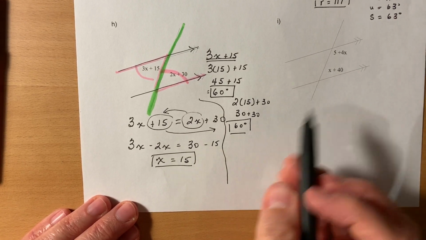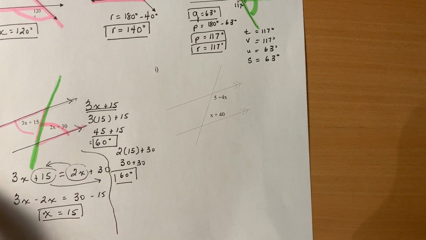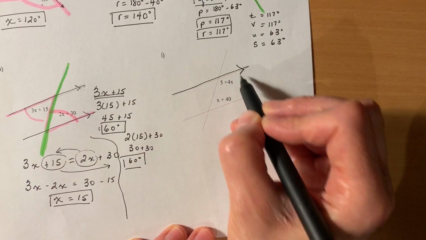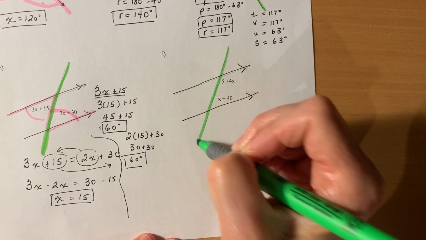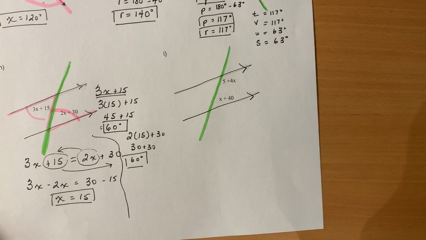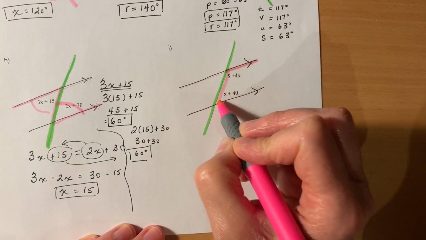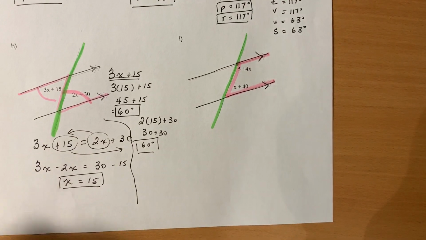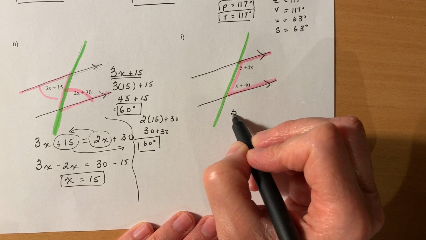Okay, let's look at this last one. Again, you're going to be drawing patterns. Here we have parallel lines again, and our transversal. And hopefully you can see the pattern there, which is a C pattern. Now remember, with C patterns the angles are not the same. The angles add to 180.